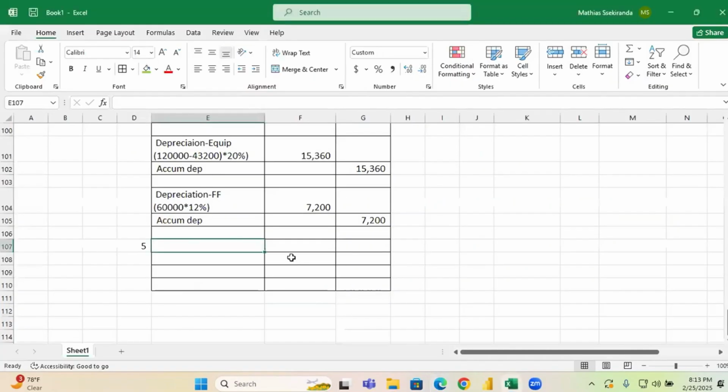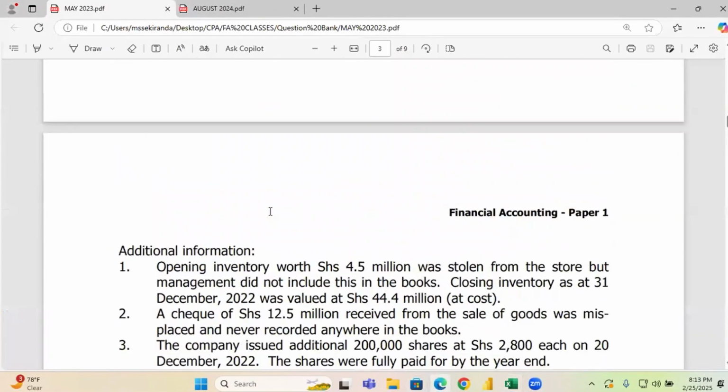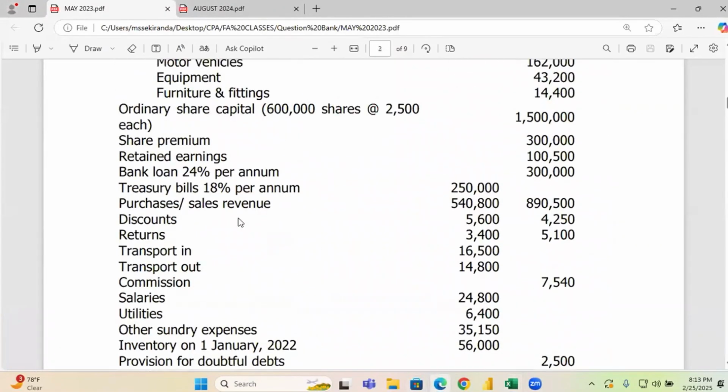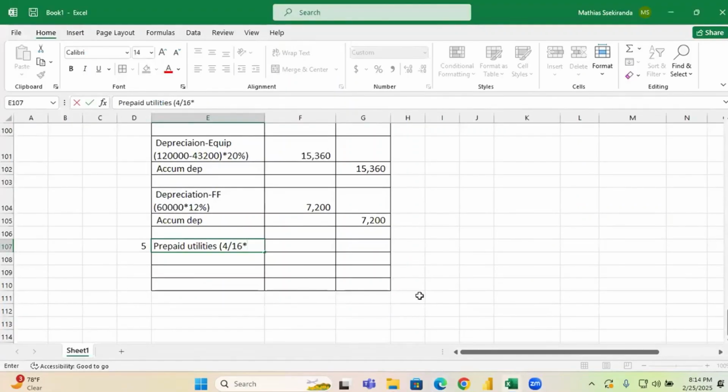So what we do, we shall debit prepaid utilities as current assets. And the months that were prepaid were 4. So 4 divided by 16, because we paid for 16 months, times the figure of utilities, which is 6,400.